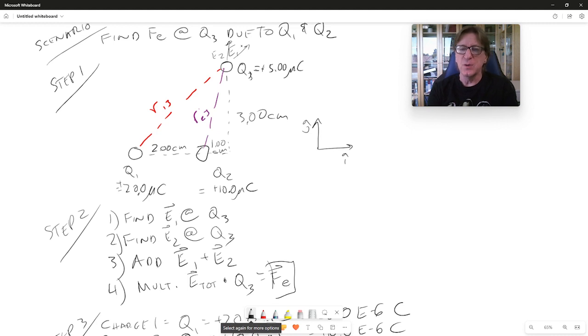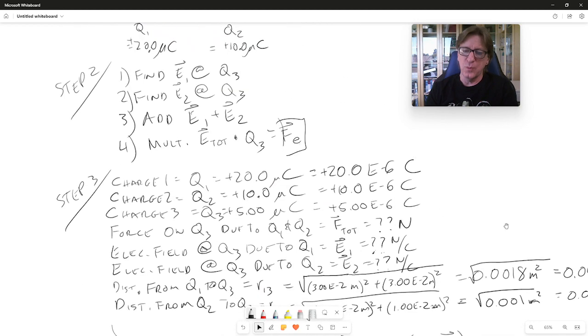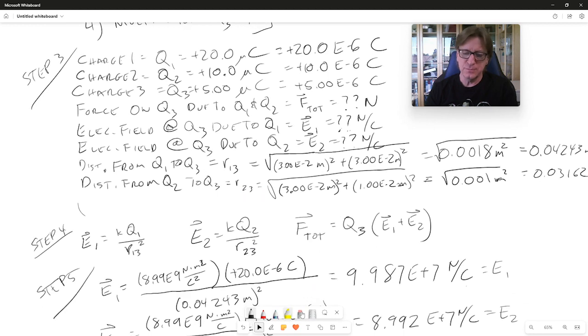All right, so I need to find the i hat component and the j hat component for the electric field due to 1. So that means I'm going to need to know what this angle is. We'll call that theta 1.